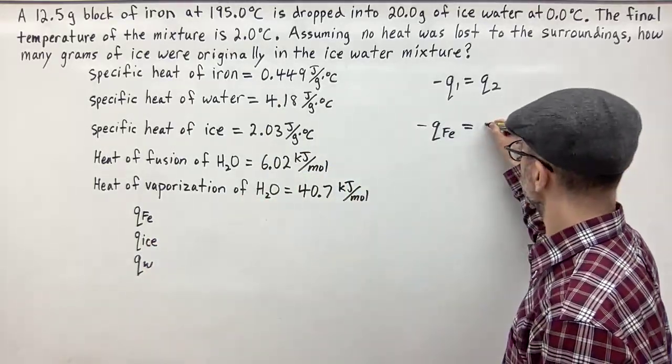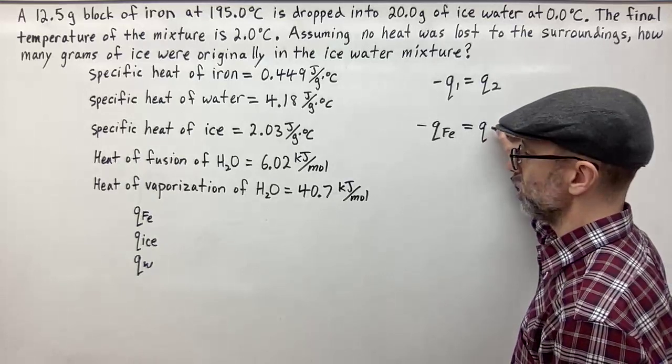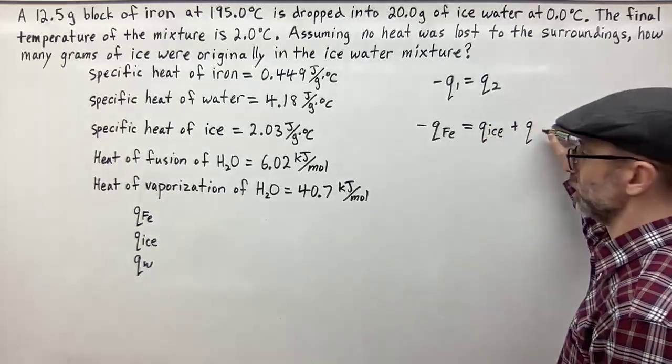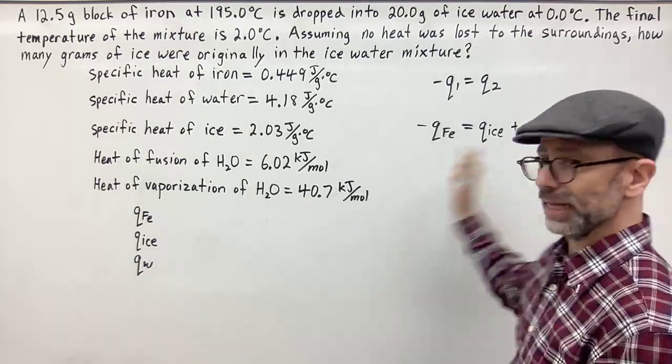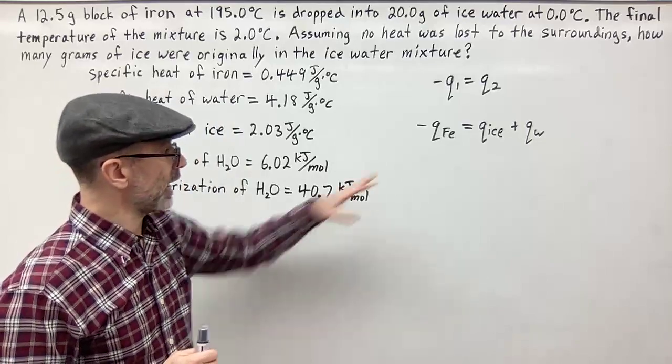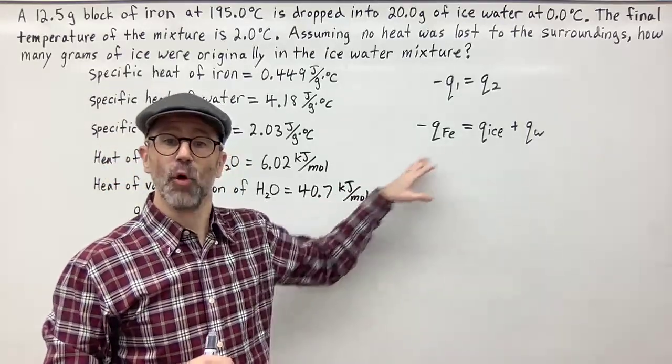So it'd be Q of the ice plus Q of the water, and then I could just solve that and plug in the formulas for all of this.